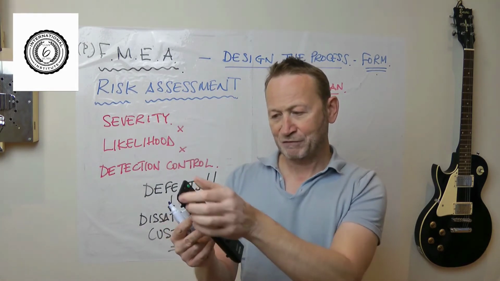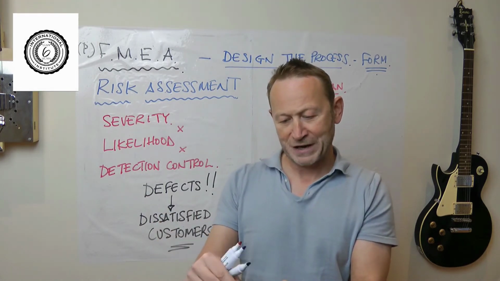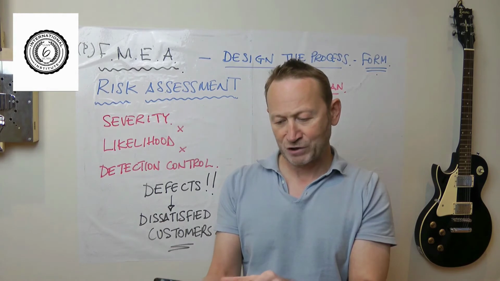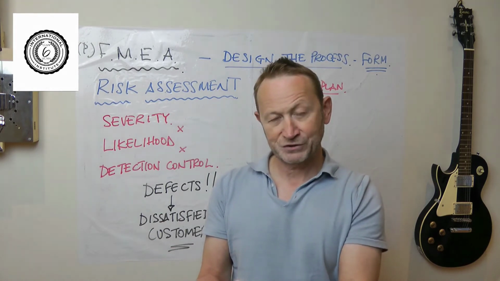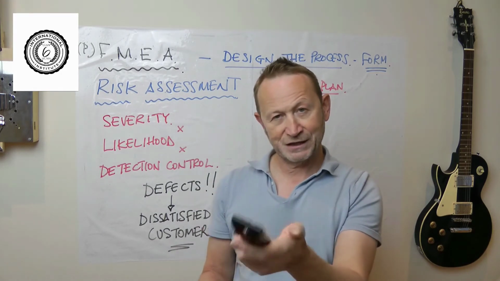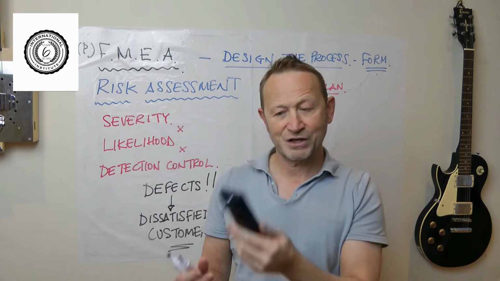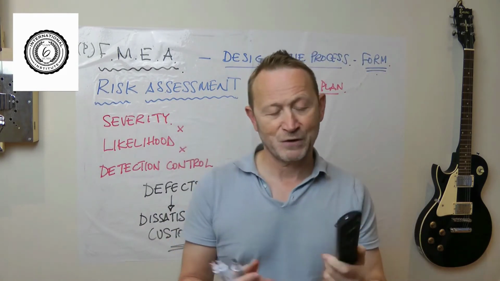You've obviously got to make the electronics, mold the front, mold the back, mold the battery cover, maybe mold the rubber buttons, then assemble the whole thing, and then it's got to work. So that's the product that we are going to design the process for.